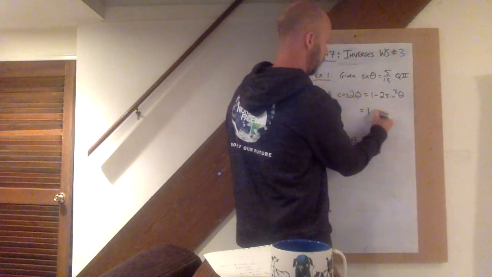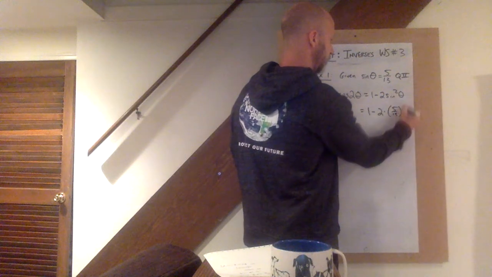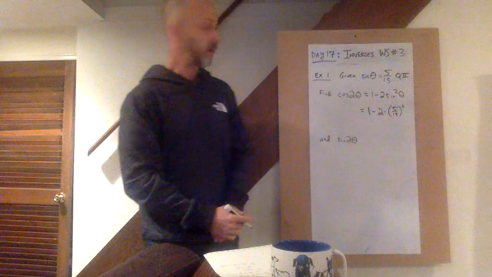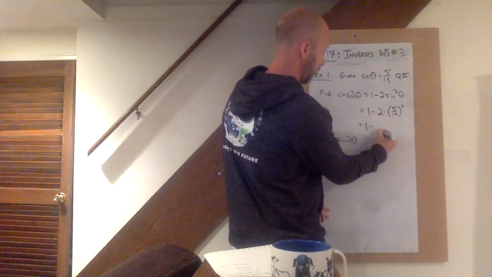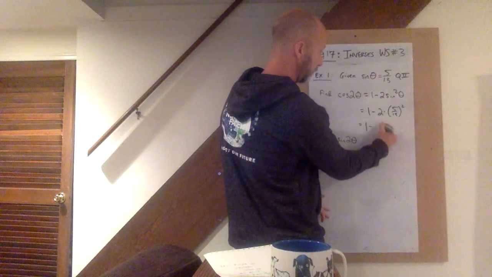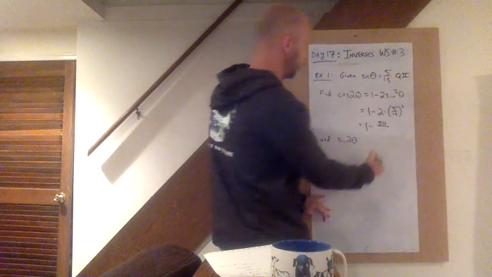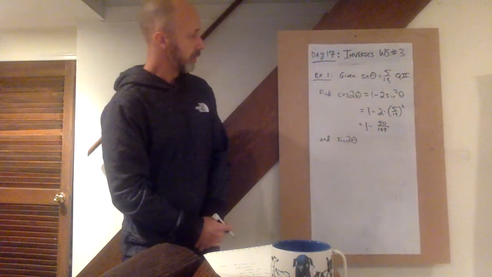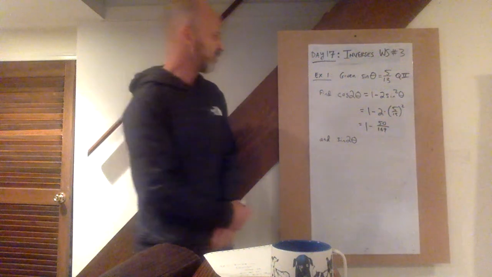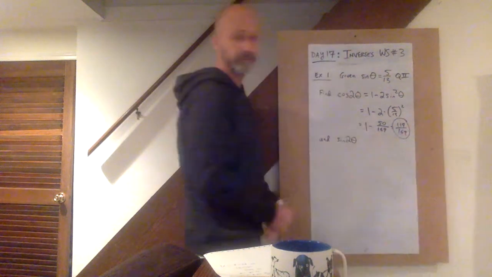So I'll get 1 minus 2 times 5/13 squared. And that's it. A little bit of arithmetic. 1 minus 2 times 5 squared would be 50, and 13 squared would be 169, and 1 minus 50 over 169 is just 119 over 169. And you're done. That's it.